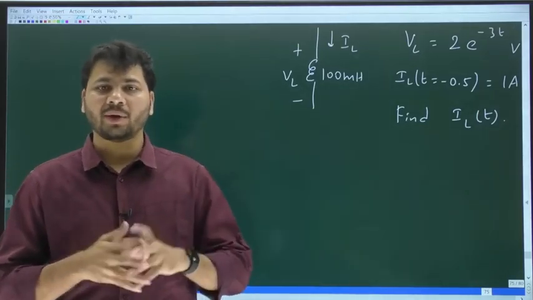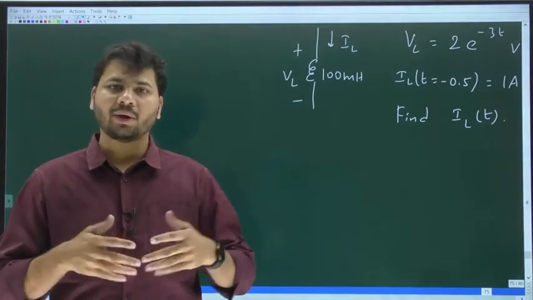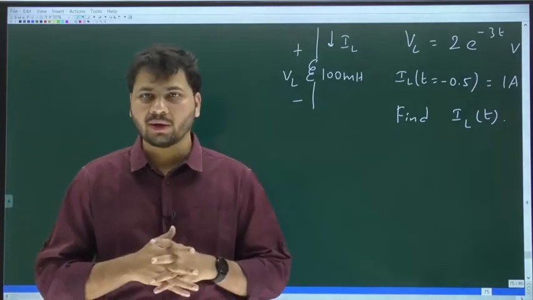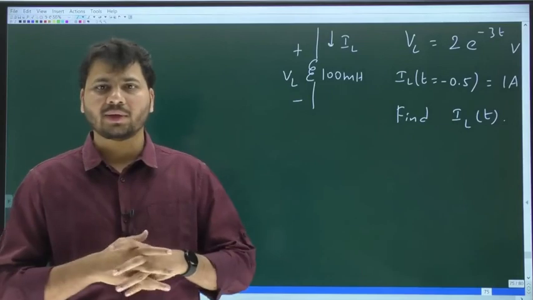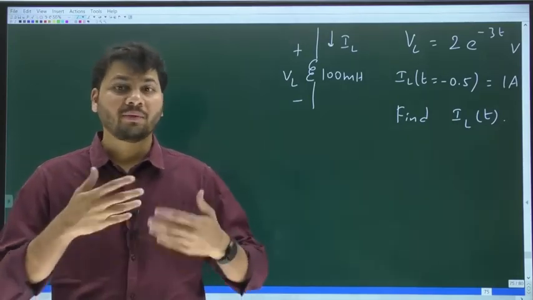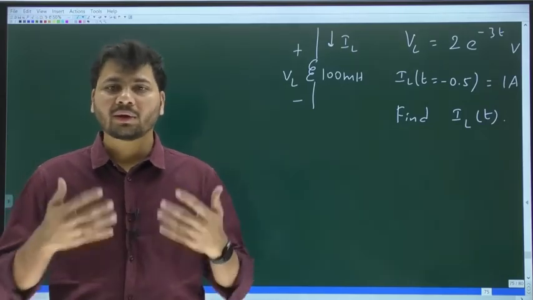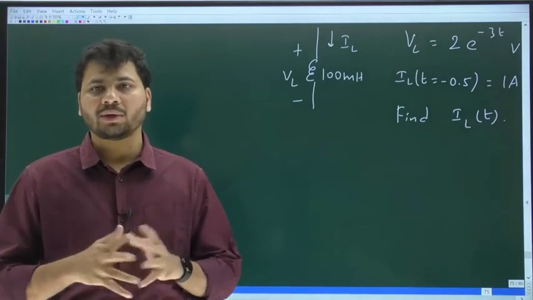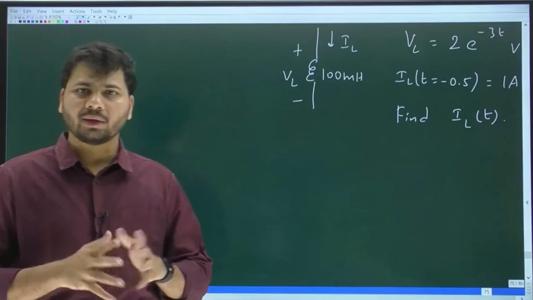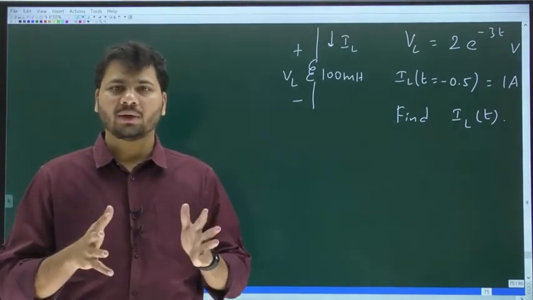Because the voltage drop across every inductor is zero, and in a short circuit any amount of current can flow. So the bottom line is, at DC steady state, every capacitor will behave like an open circuit, and every inductor will behave like a short circuit.